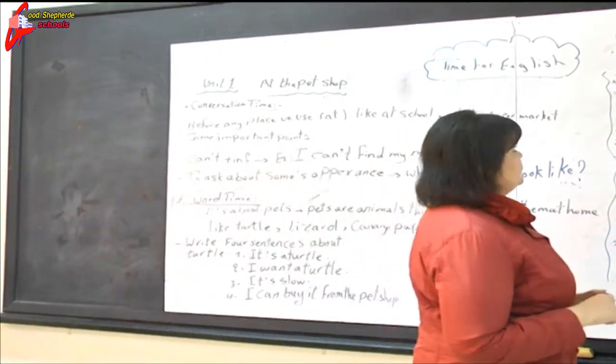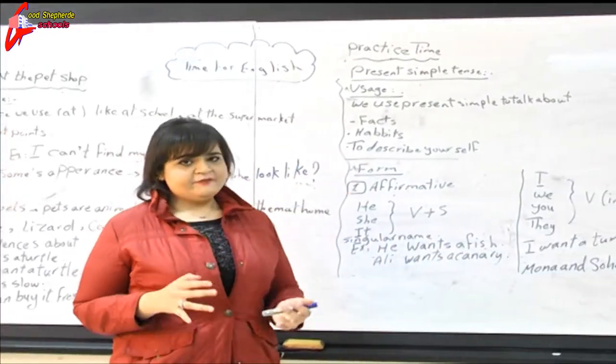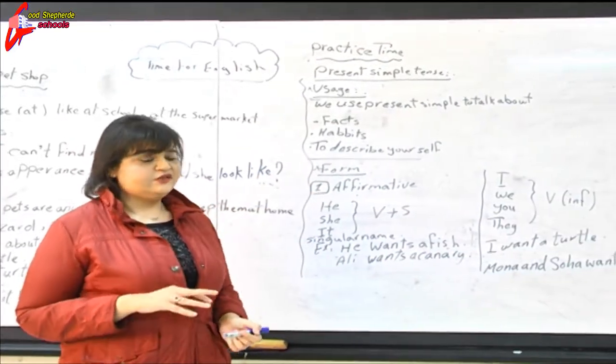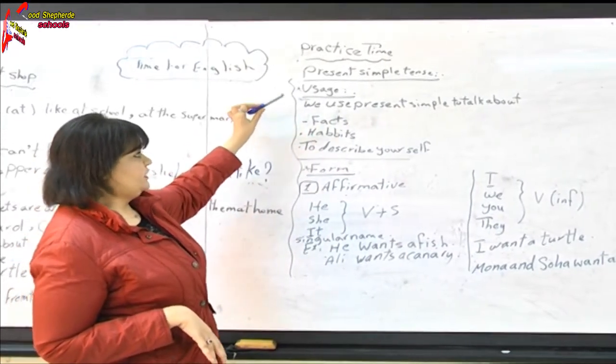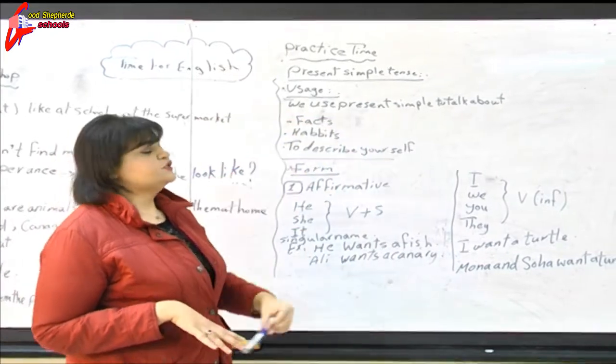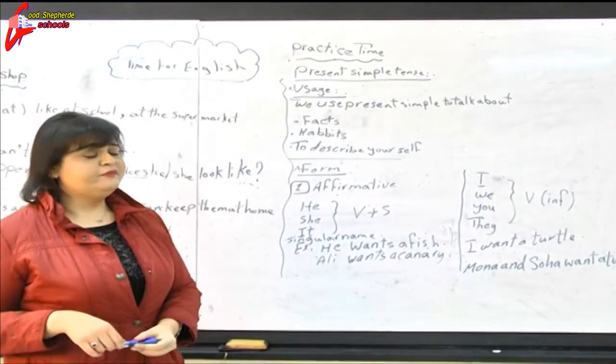Let's move to the practice time. Practice time means you have the grammar, to know the grammar of this unit. About present simple, the first part is we use present simple to talk about facts, habits, and to describe yourself.